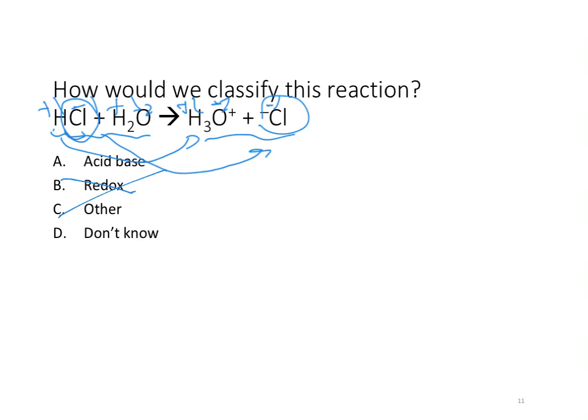So it is not a redox reaction. I'm hoping that you didn't have to go through all that and that you could see right away that it's an acid-base reaction. Acid-base reactions are simply moving an acidic hydrogen from one substance to a different substance. And that's what this is.